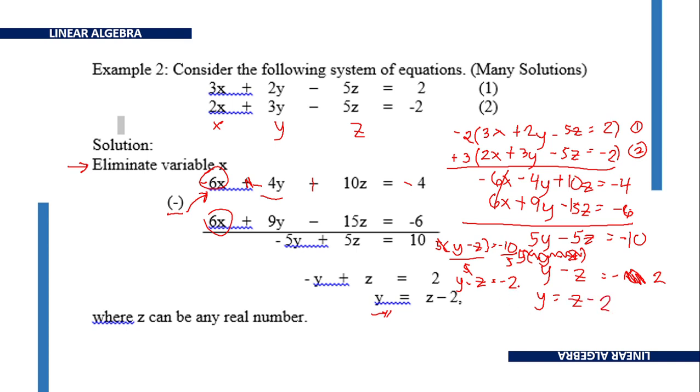As you can see, pares lang siya dito. And also, sabi dyan, z can be any real number. Bakit naging z can be any real number? Kasi nga, dito sa ating nakuha na value ng y, we have y is equal to z minus 2. Tandaan natin to, kasi magagamit natin to on the next step of our complete solution.